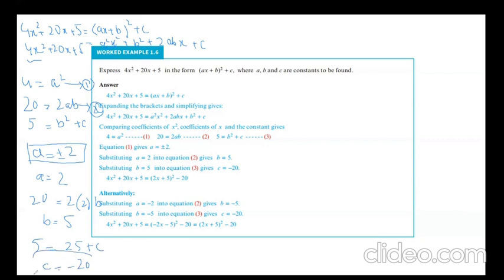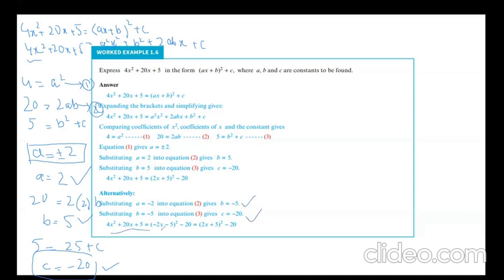इस तरह हमने एक वैल्यू फाइंड कर ली a की, that is when a equals 2 the value of b is 5 and c is minus 20. Now in the second case a value is also minus 2, so putting the value of a minus 2 in equation 1, we find that b is minus 5 and c is also minus 20.